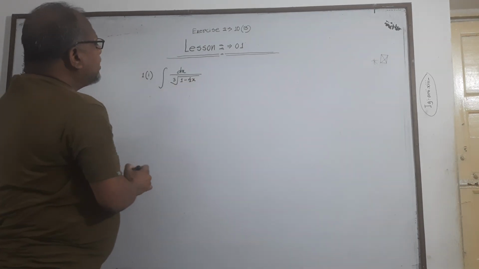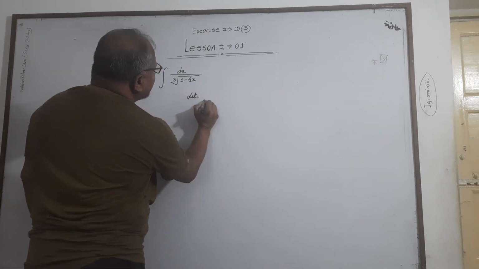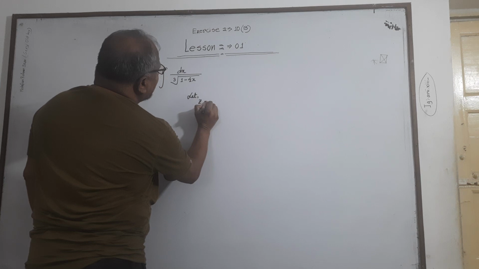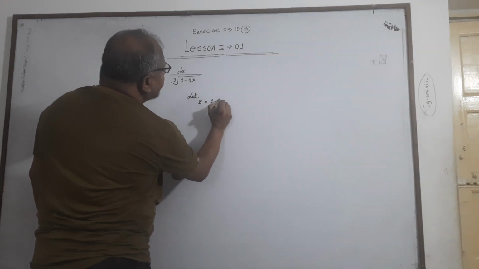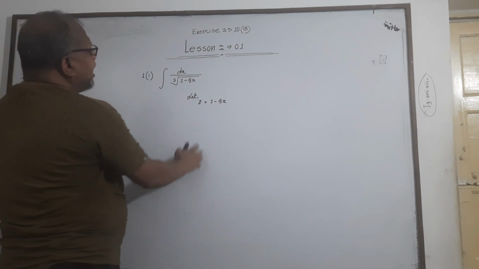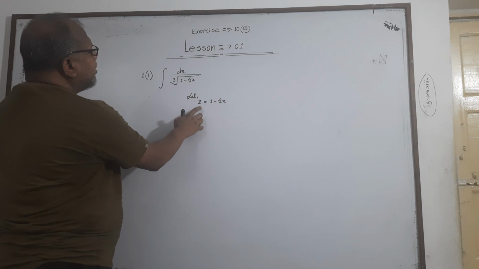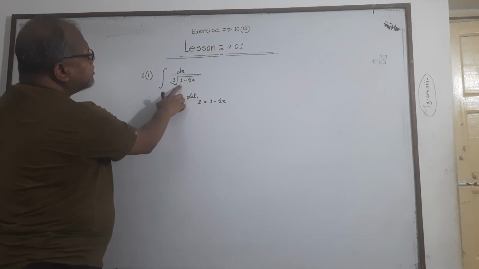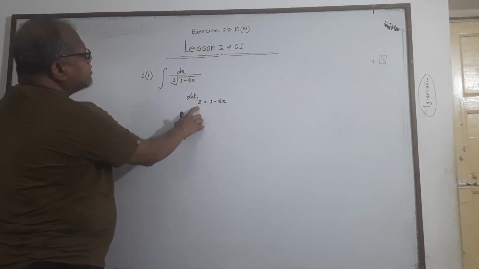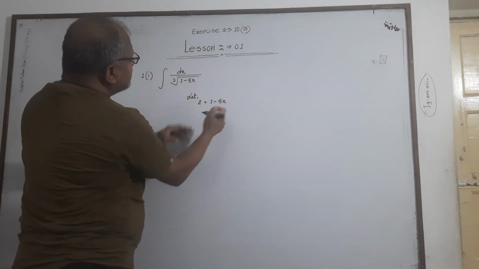So what I do is first let z equal 1 minus 4x. I have to determine the value of dx, because when I substitute 1 minus 4x equal to z, all the math will shift from x to z.